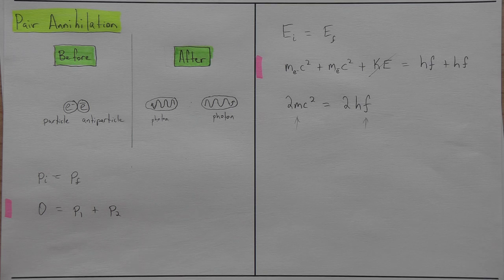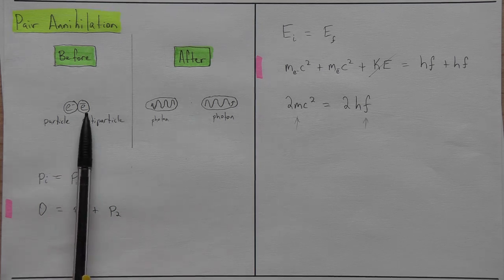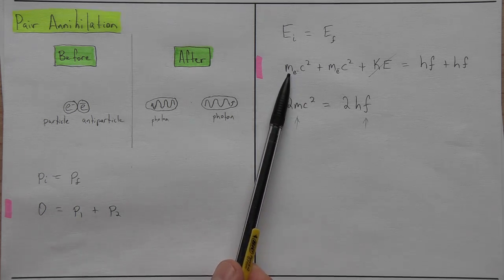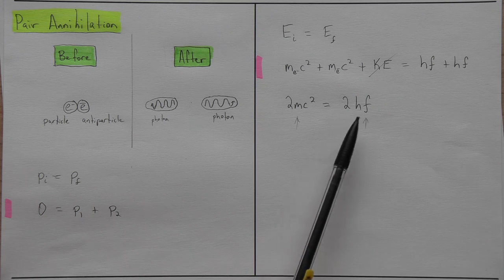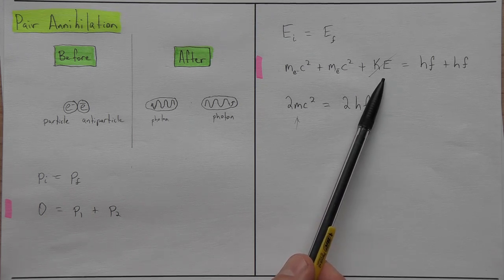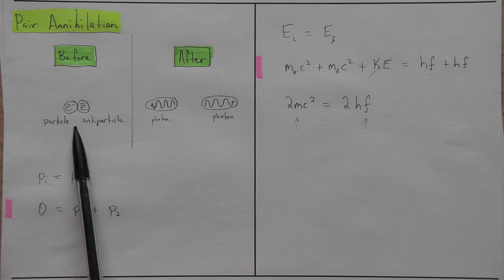The next calculation is that energy must also be conserved. So what we have in the beginning is the mc squared and mc squared, the rest mass energy of the two particles. The mc squared for the electron, the mc squared for the positron. They may have kinetic energy before, so that's another energy that might be before.